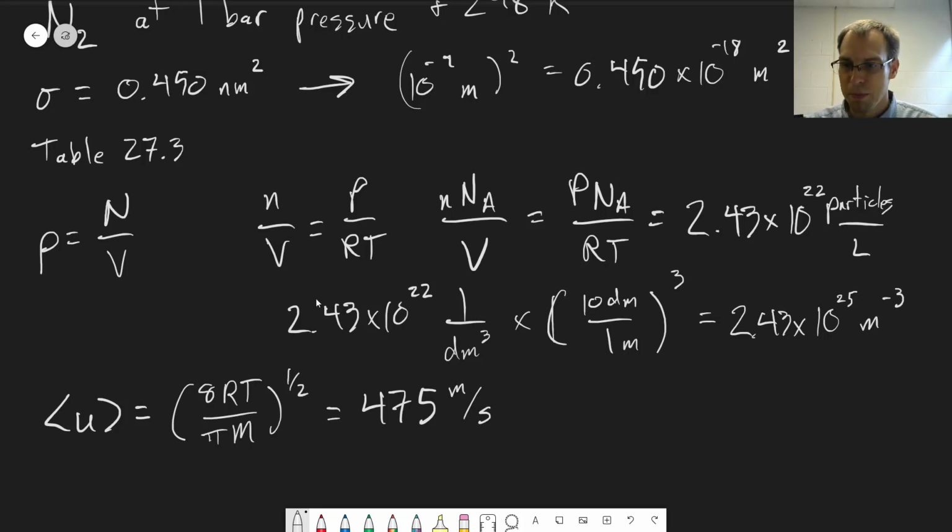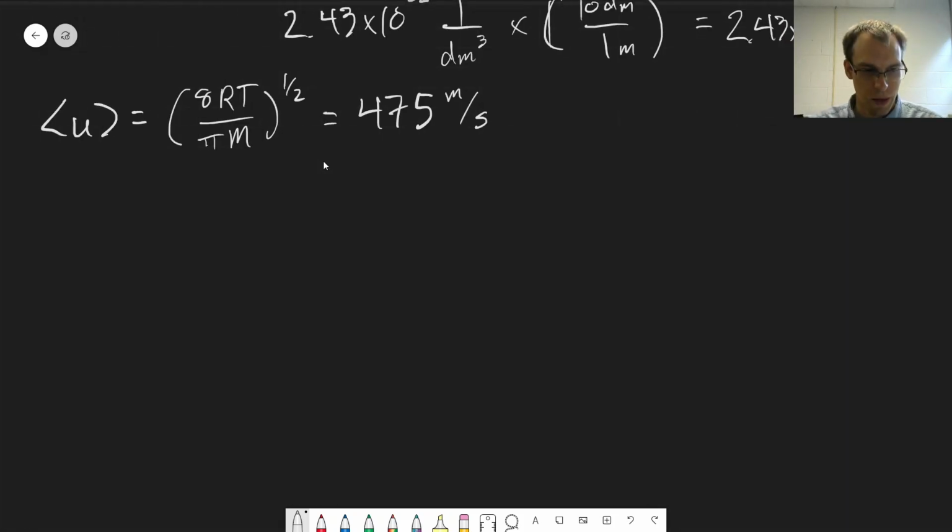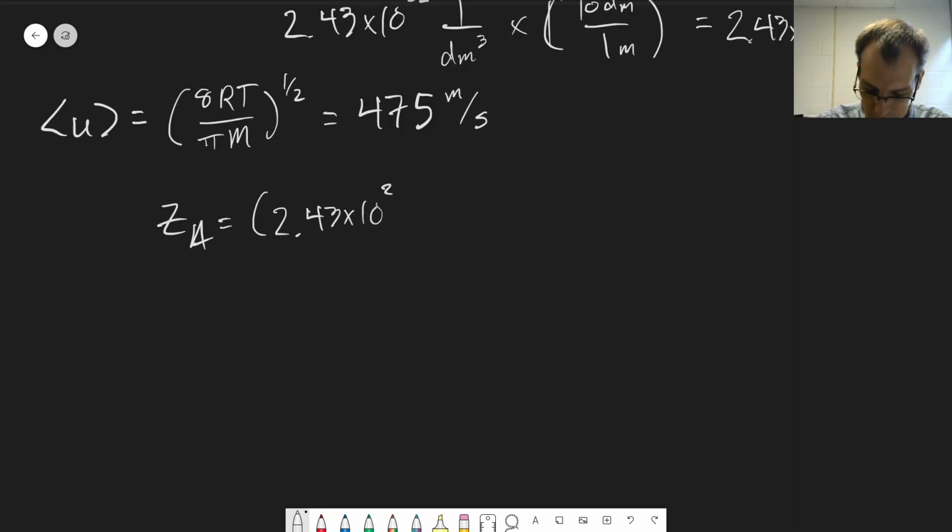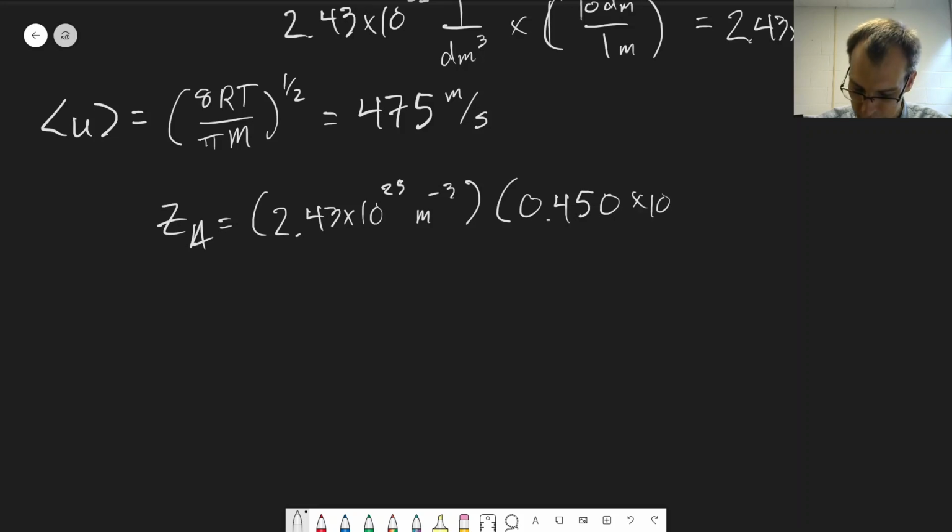So if we go ahead and put all those numbers in, we can find the average collision rate. ZA is equal to 2.43 times 10 to the 25th particles per cubic meter times the collision cross-section of 0.450 times 10 to the minus 18th square meters times the square root of 2 times 475 meters per second.